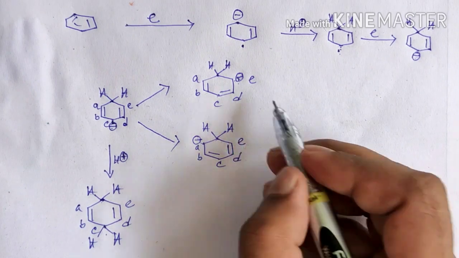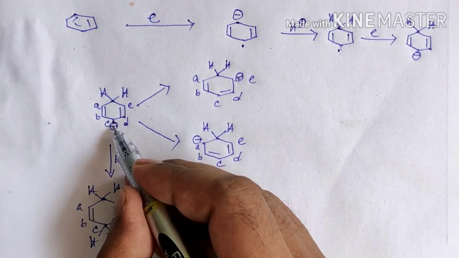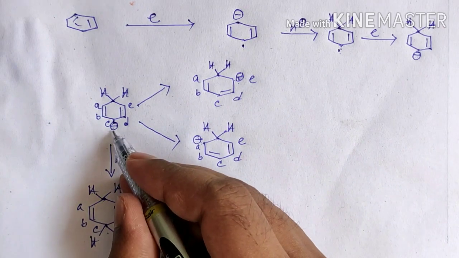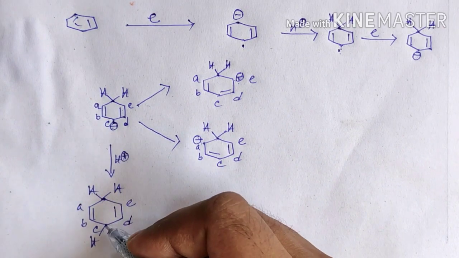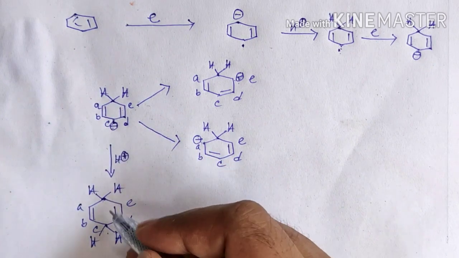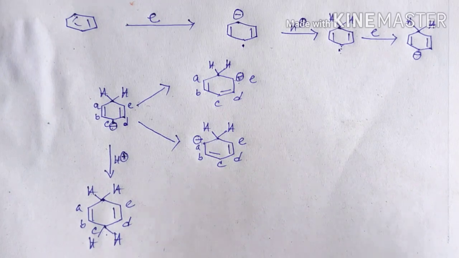But from computational study it is confirmed that electron density is highest for the C carbon compared to the A and E carbon, so the second proton abstraction will happen at the 4 position relative to the first one, and the 1,4 oriented product will be formed as the sole product. Is it clear? I think. Okay.